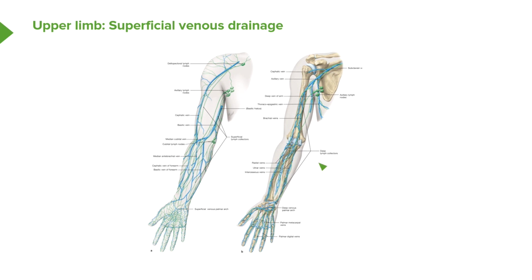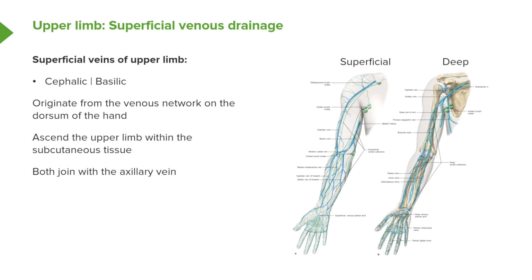This diagram on the opposite side is indicating more deep veins, and we'll just cover those briefly. So, two important veins are taking venous blood from the upper limb back to the heart, the cephalic and the basilic. Both of these veins originate from the venous network, which is located on the dorsum of the hand.